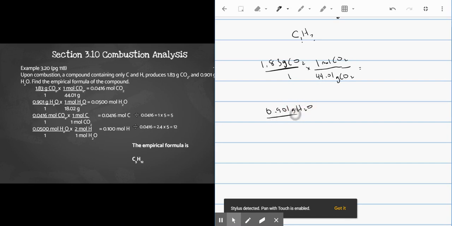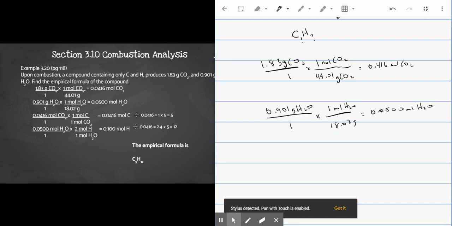And I have to change that to moles of H2O. So divide by the molar mass of water, 18.02 grams in 1 mole of H2O. And I have 0.416 moles of CO2 and 0.0500 moles of H2O. Okay, so that is just one step, sadly.